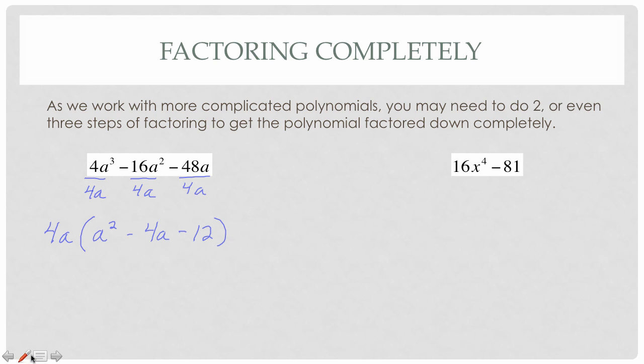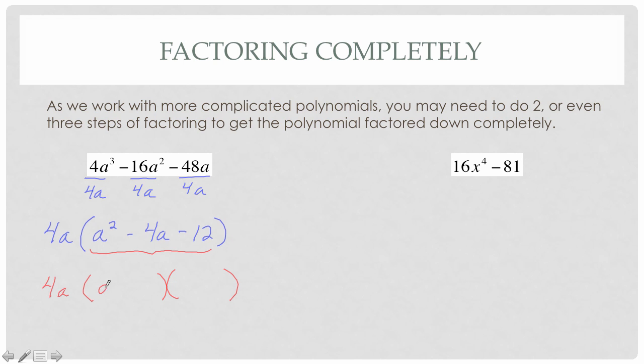Okay, I've factored, great, right? But there's more. What's left is a trinomial. Maybe I can factor that down further. Trinomials with a equals 1. I want to see, are there two numbers that multiply to make negative 12, but when I add them together, I get negative 4?